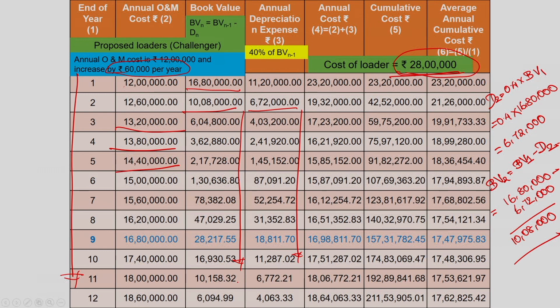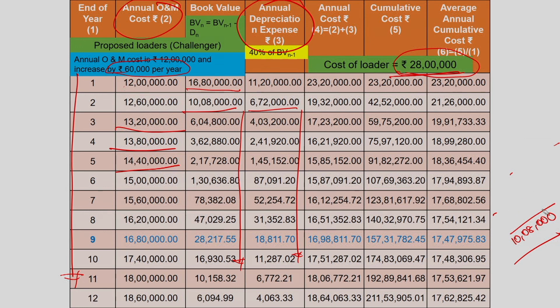Okay. Now you can estimate the annual cost by adding the operating and the maintenance cost and the depreciation. When you add column 2 and the column 3, you will get the annual cost for every year. So what is the annual cost for the first year?